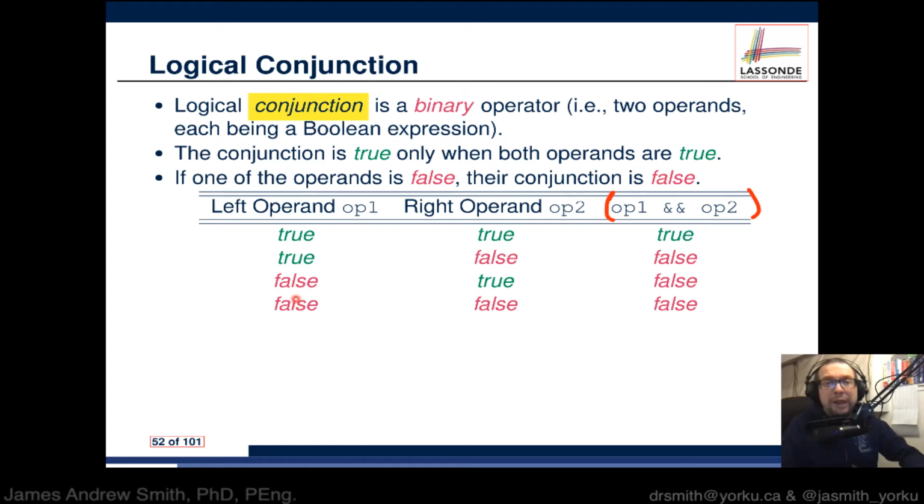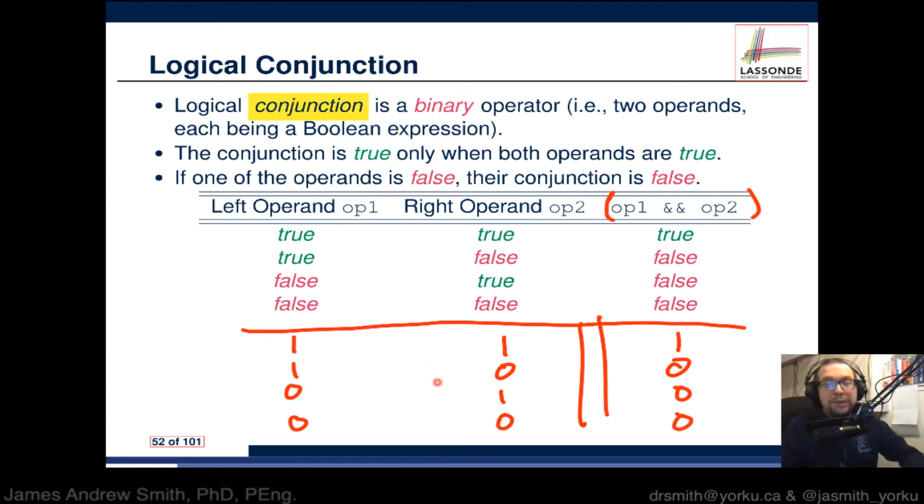Finally, if on the left hand side the result is false and on the right hand side it's false, then the combination will be false. Another way of writing this table would be to say 1, 1, 1, 1, 0, 0, 0, 1, 0, and 0, 0, 0.